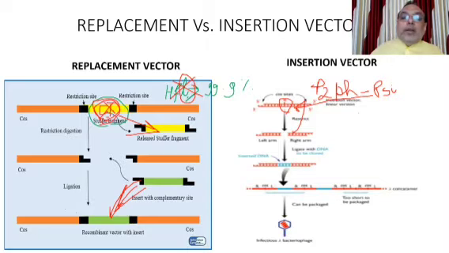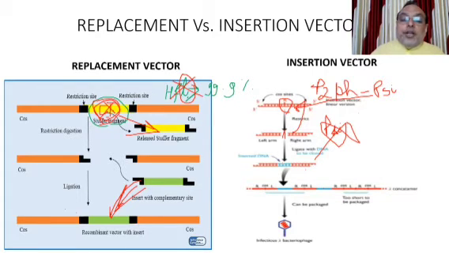So when you are cutting this fragment, cutting this side, the PSI is most likely to be disrupted, and a new fragment of DNA has been integrated here.